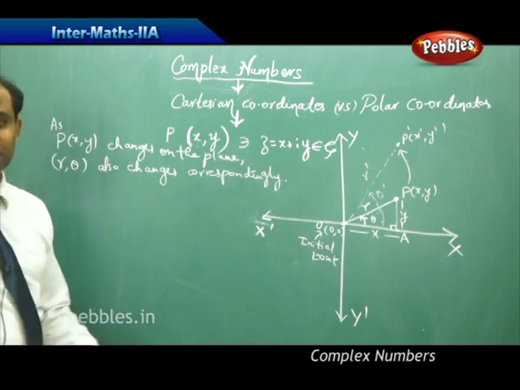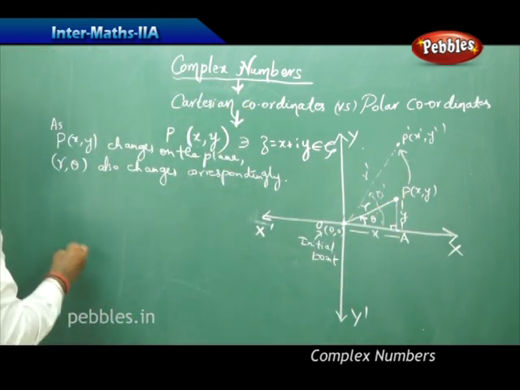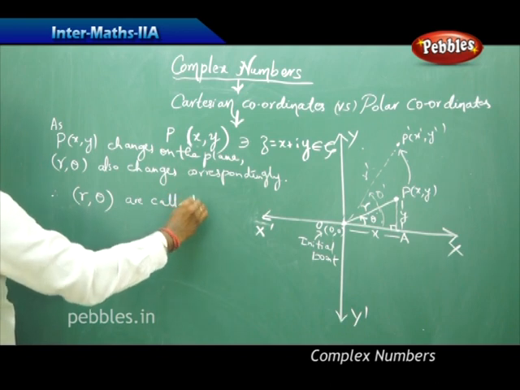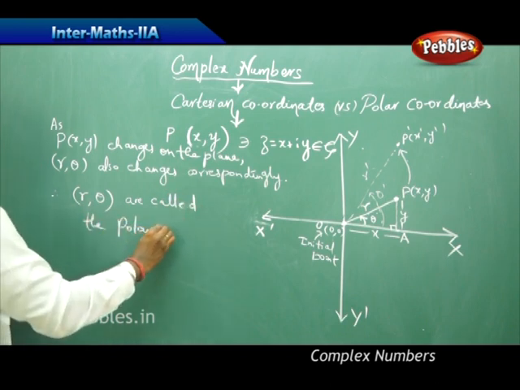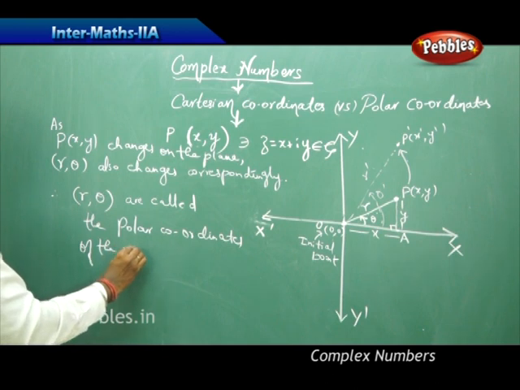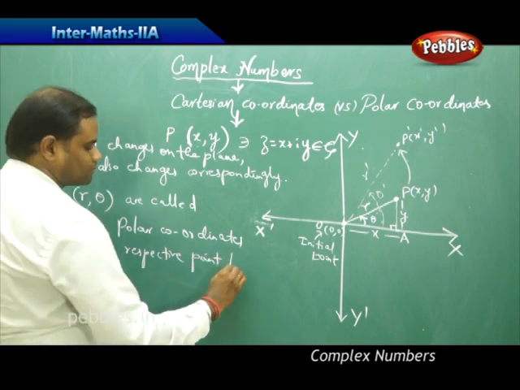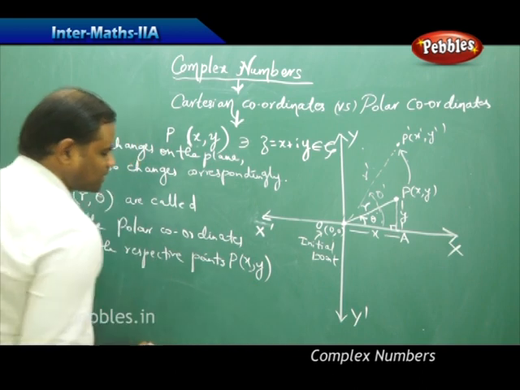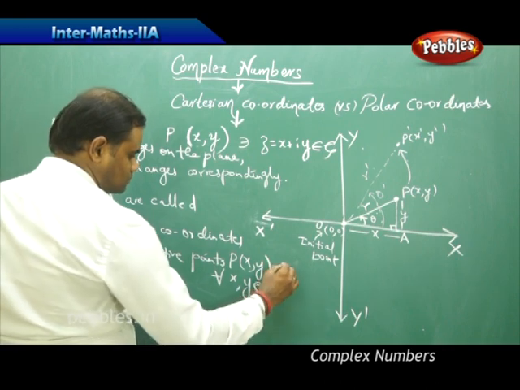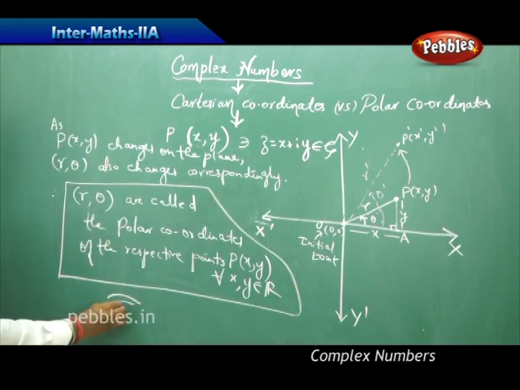That is, both r and theta change because the position of the point changes. Therefore, r and theta are called the polar coordinates of the respective point P(x, y) for all x, y belonging to R. That is how we understand the difference between the polar coordinates and the Cartesian coordinates.